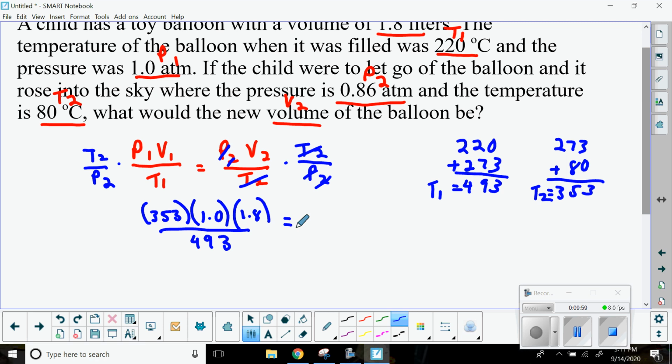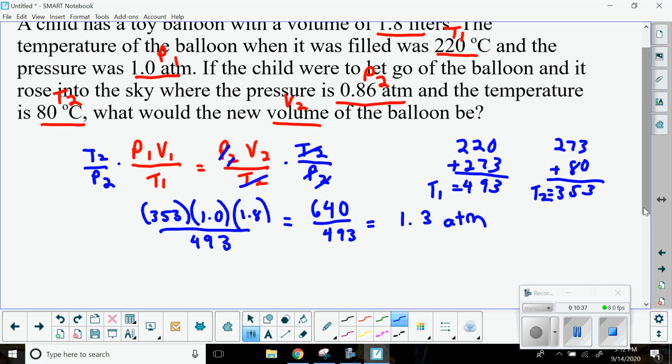I'm going to round that part to 2 sig figs to get me 640, and I'm going to divide that by 493. 640 divided by 493 gets me a new volume of 1.3, 2 sig figs, 1.3 liters.